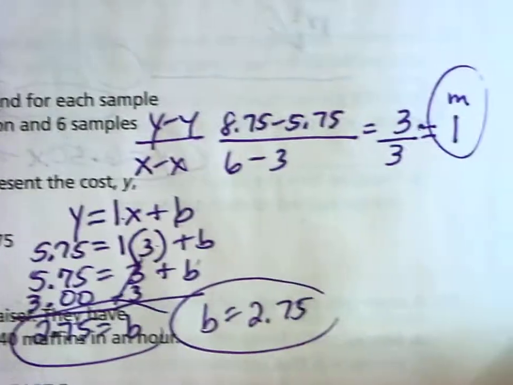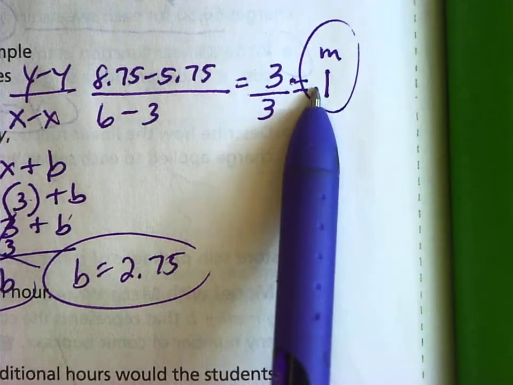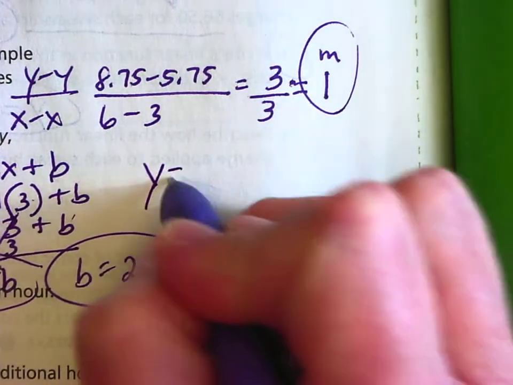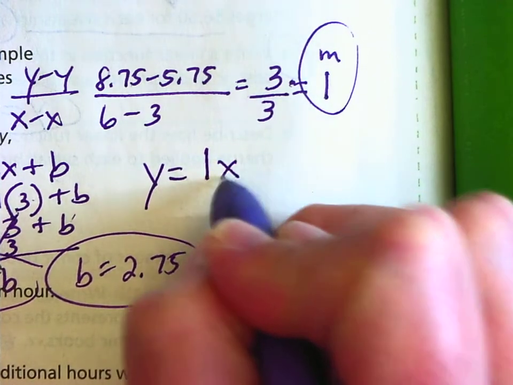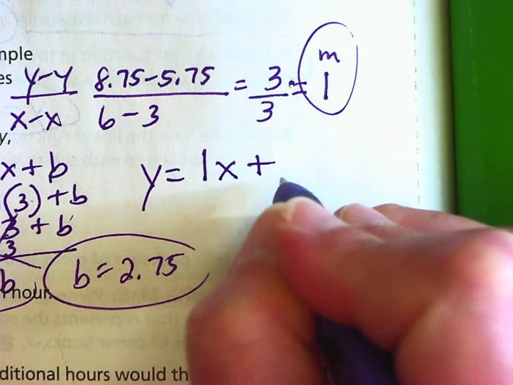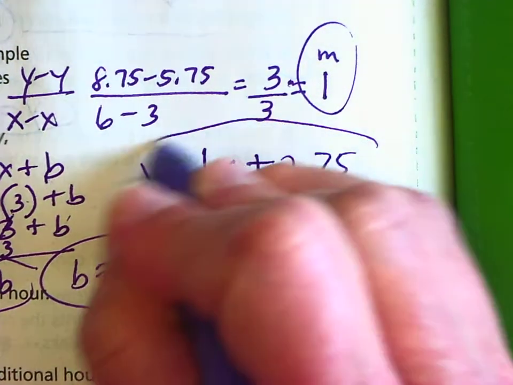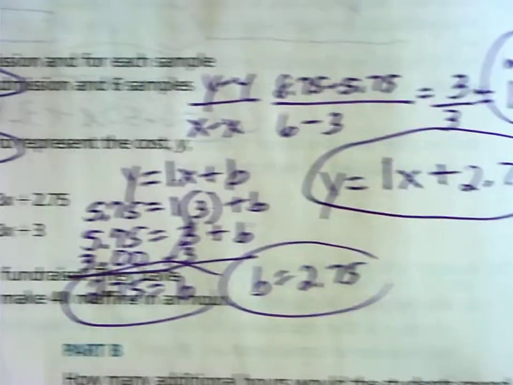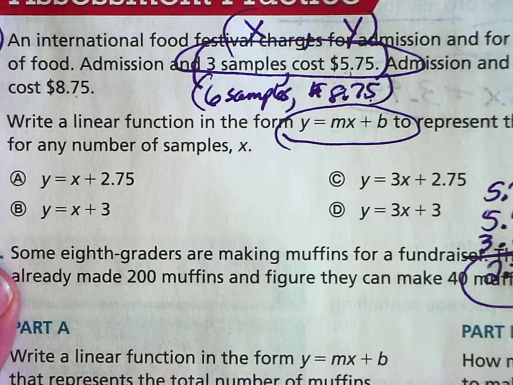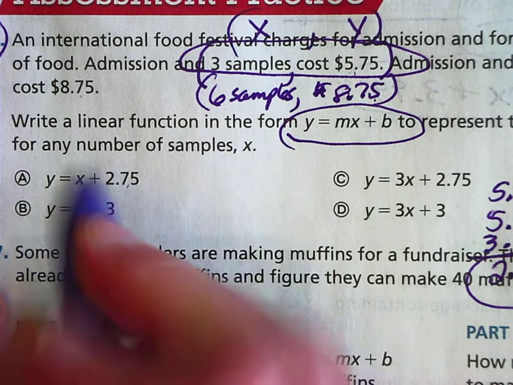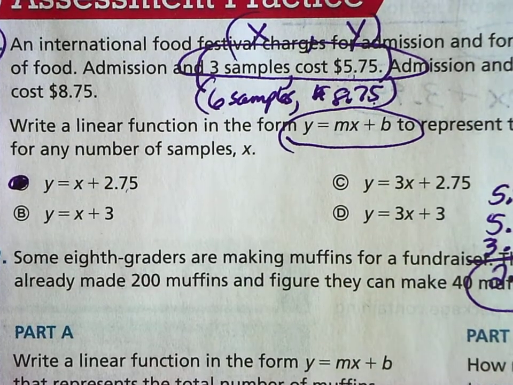Okay, that's your y-intercept. Let's put this all together. I have my slope, I have my y-intercept. Y equals the slope of 1x plus that 2.75 is my b. That is my equation, and so let's match that up with my choices. And there it is right there. So I would choose A. Okay, I hope that helps.